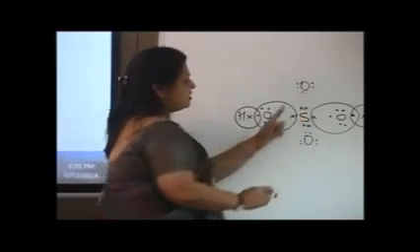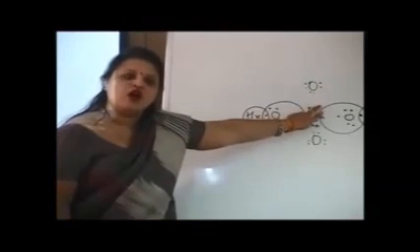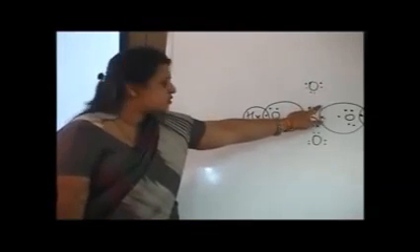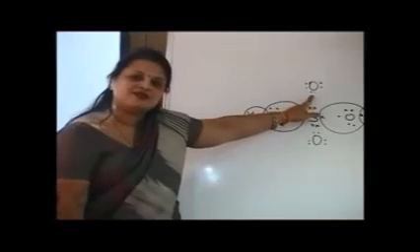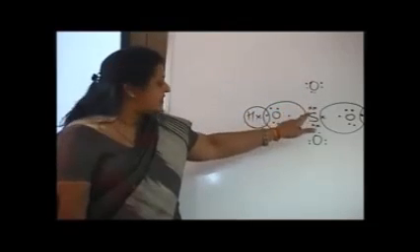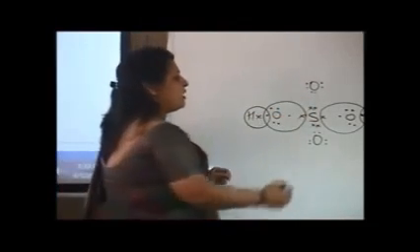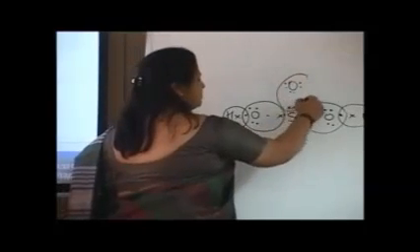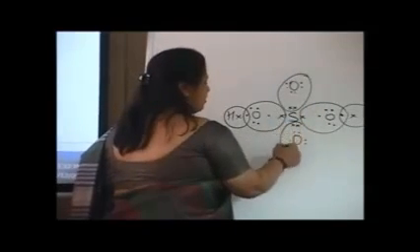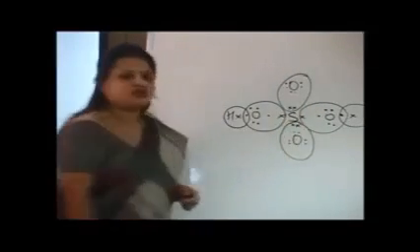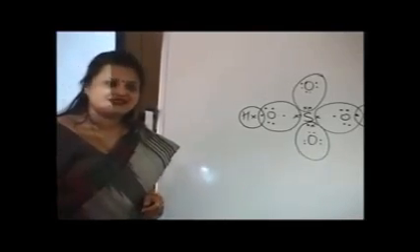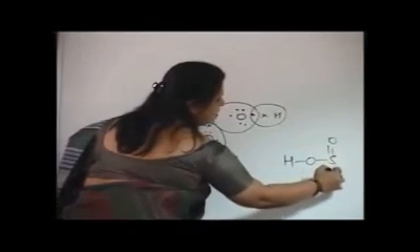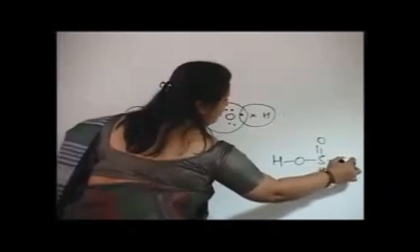This oxygen is short of the octet, and as we just discussed, oxygen will basically form a double bond, and since there are 2 electrons available on sulfur, this will complete the octet like this, and this oxygen also will complete the octet like this, and hence it will be HO-S double bond O, double bond O, single bond OH.